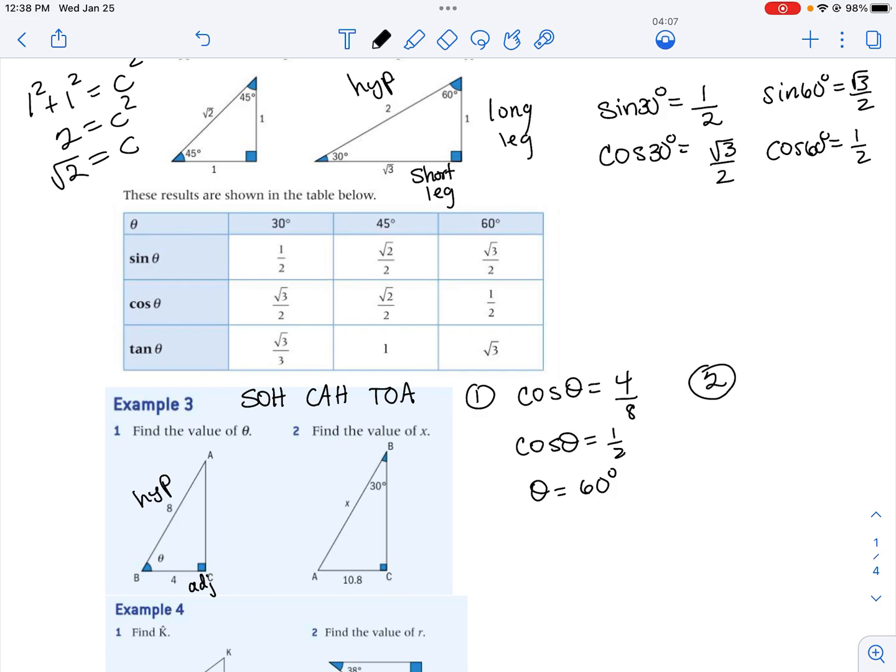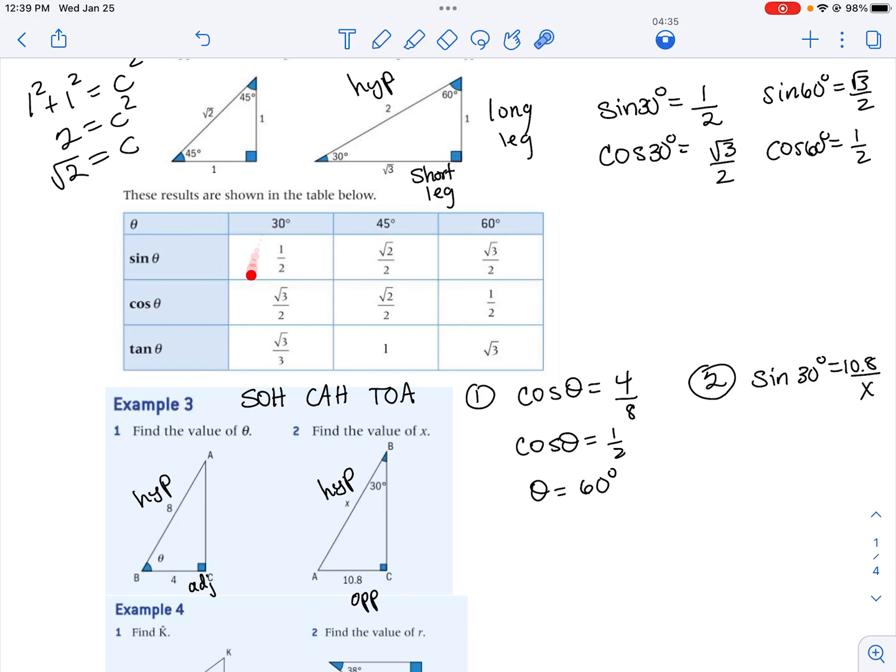Number 2, across from 30, that's going to be the opposite, and x is the hypotenuse. So what trig function is opposite over hypotenuse? Well, that's the sine function. So sine theta, well, actually I know the angle, don't I? So let me back that up. So the sine of 30 degrees is 10.8 over x.